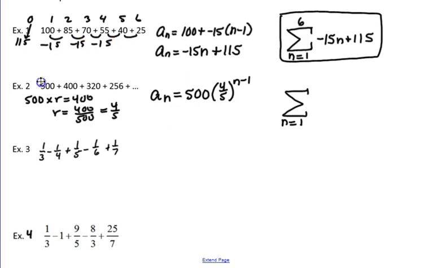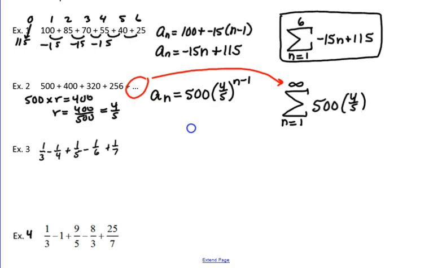Now notice here I have 4 terms, but I also have this on the end. So this tells me I am going to be going to infinity up here. So this is going to be an infinite sequence here. And then I'll put my sequence rule in here, 4/5 to the n minus 1. So here is summation notation for number 2.